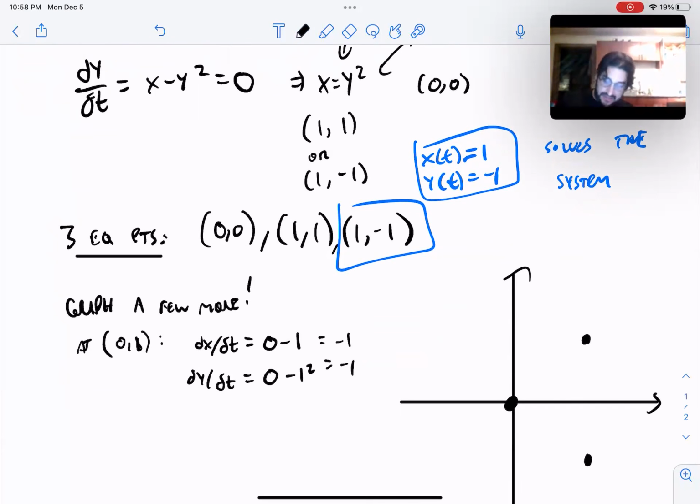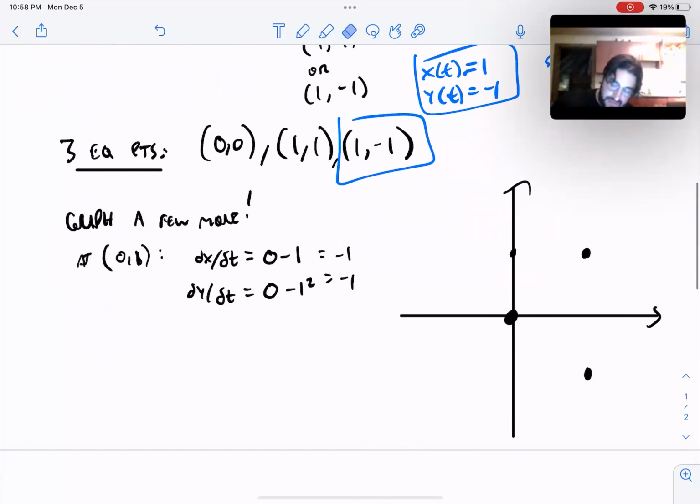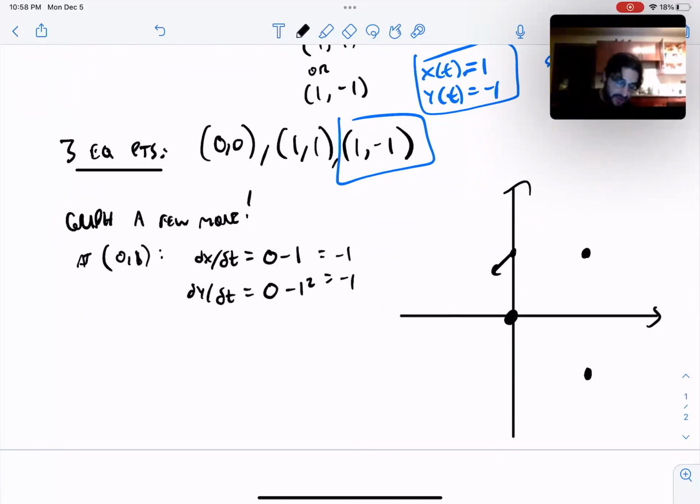Usually when you plot the vector field in this context, you shrink the vectors so they're not all crashing into each other. There's an example. Say we did 2, 2. At 2, 2, we would have dx dt.